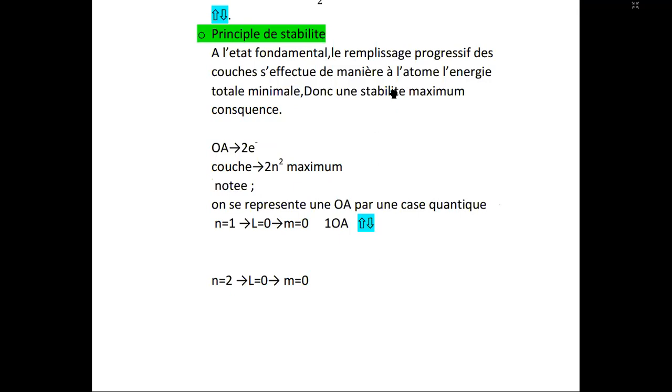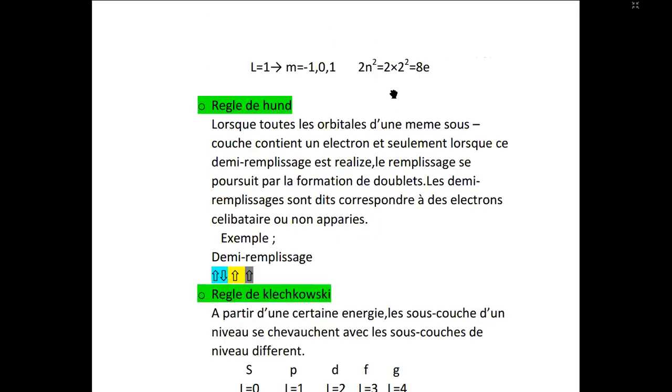Then règle de Hund. What does règle de Hund say? Règle de Hund says: lorsque toutes les orbitales de la même sous-couche contiennent un électron, et seulement lorsque ce demi-remplissage est réalisé, le remplissage est poursuivi par la formation de doublets. What do they mean?